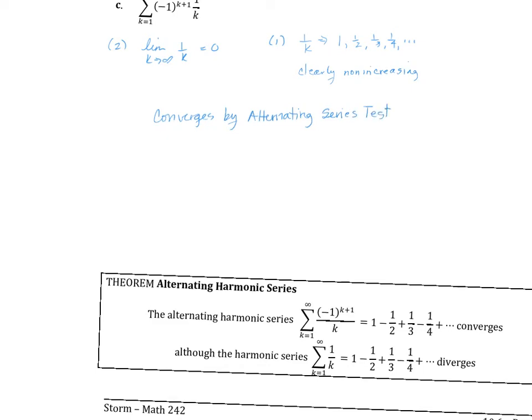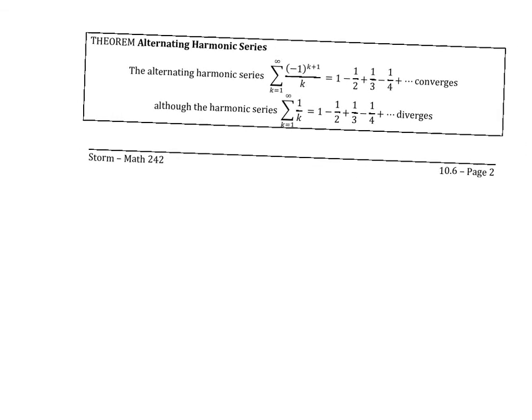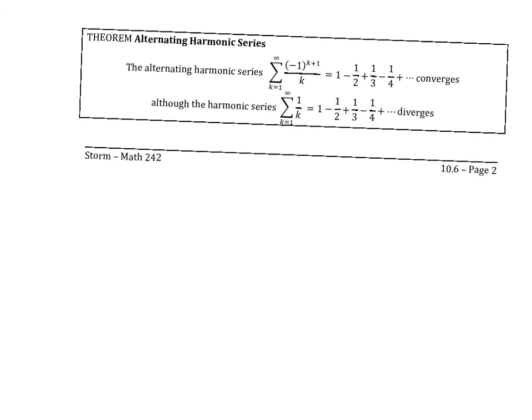However, recall that if the negative were not there, if we're looking at the series 1 over k, that's a harmonic series, and that actually diverges. So notice that the alternating harmonic series actually converges, whereas our harmonic series 1 over k actually diverges.